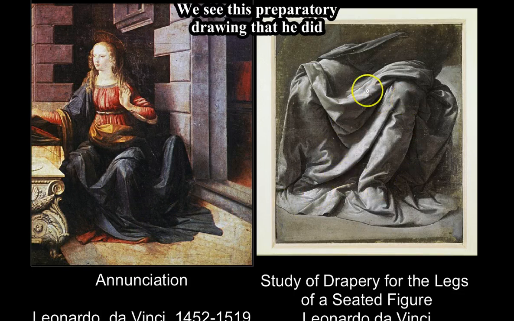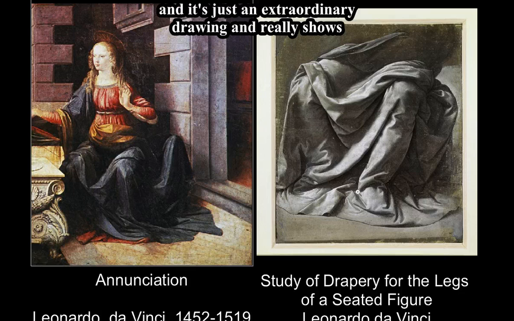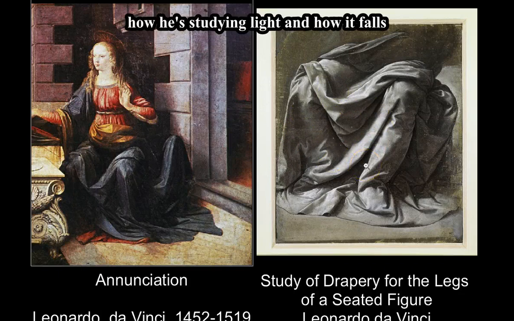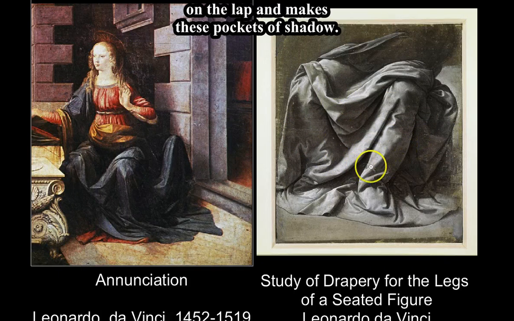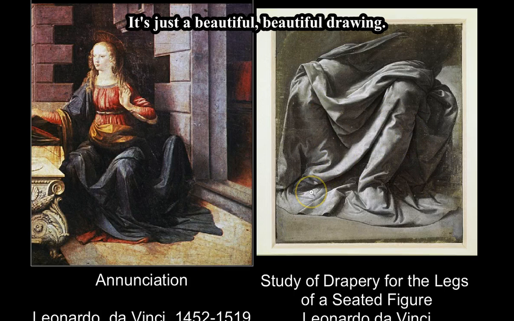We see this preparatory drawing that he did for the lap of the Virgin, and it's just an extraordinary drawing and really shows how he's studying light and how it falls on the lap and makes these pockets of shadow. It's just a beautiful, beautiful drawing.